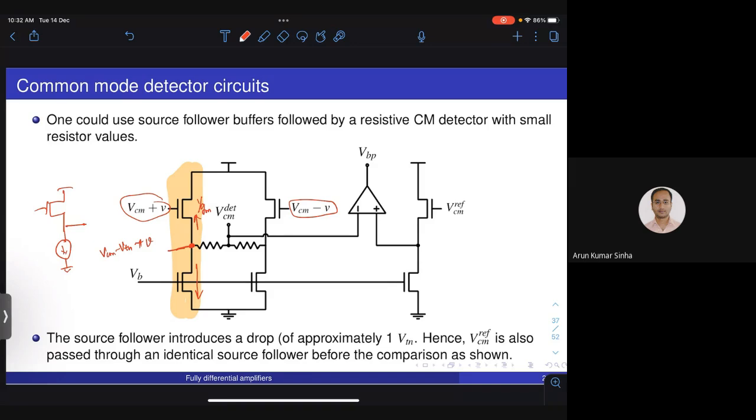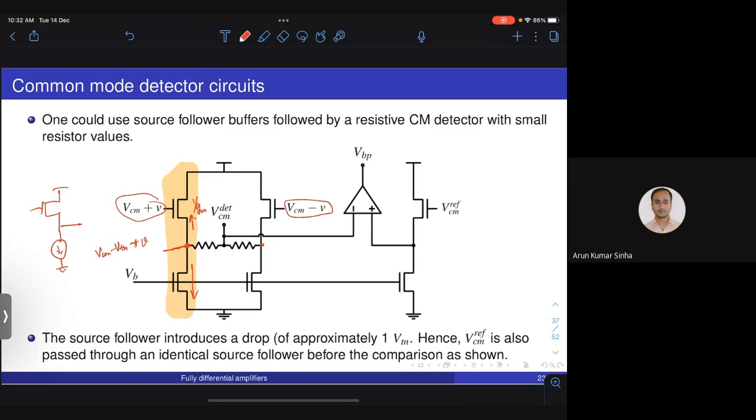So this node will be at VCM minus VTH plus the small signal V, and the output impedance is almost equal to 1 by GM. Similar thing on this side: you will have VCM minus VTH minus V, and again the output impedance is almost equal to 1 by GM.